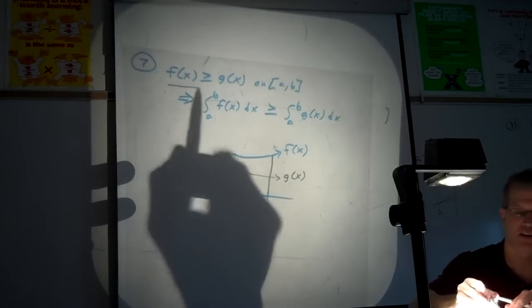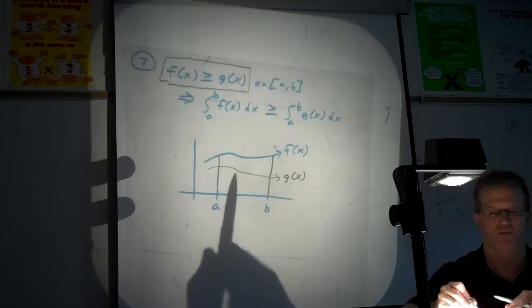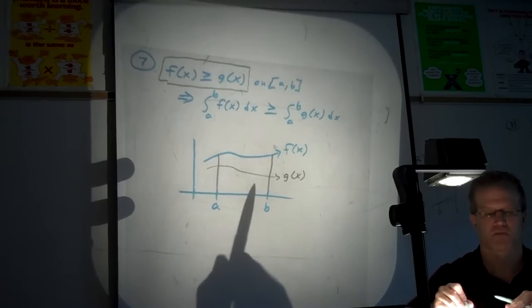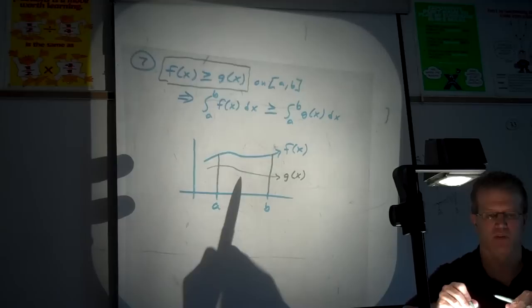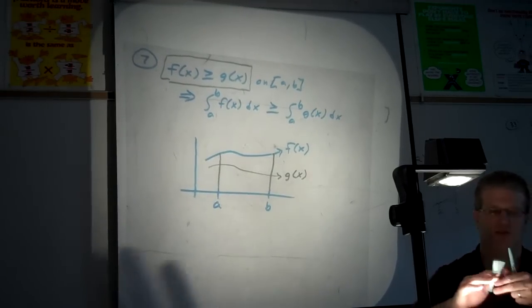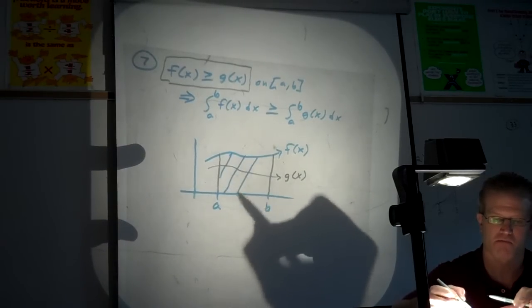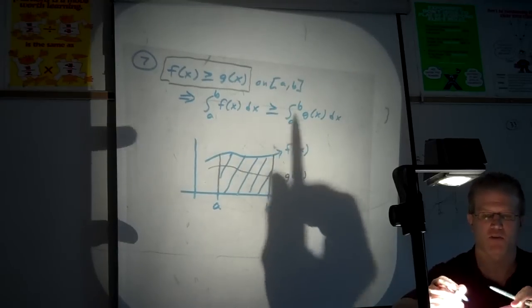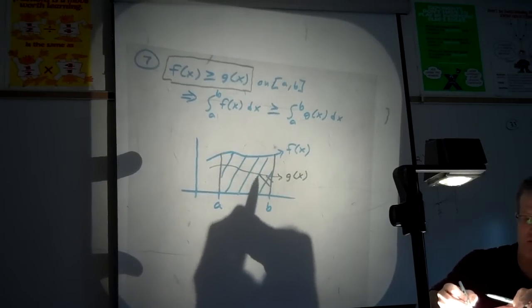So this first part is telling me the f of x curve is either going to be greater than or equal to the g of x curve, higher on the graph, in other words, or it could come down and touch, but the blue line could not go below the black line. The bottom part is saying then the integral of f of x dx, which would be this whole area here, has to be greater than or equal to the integral of g of x, which would be this area here.